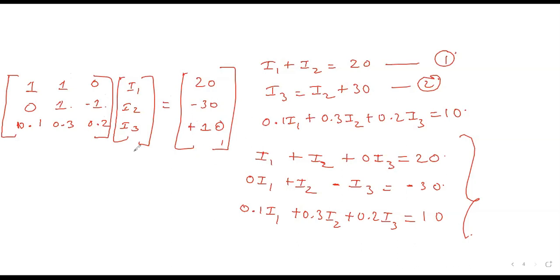So this is the matrix that you have, which you can solve using a scientific calculator. Can anyone tell me what I1, I2 and I3 are after this? Okay, so this is your delta.